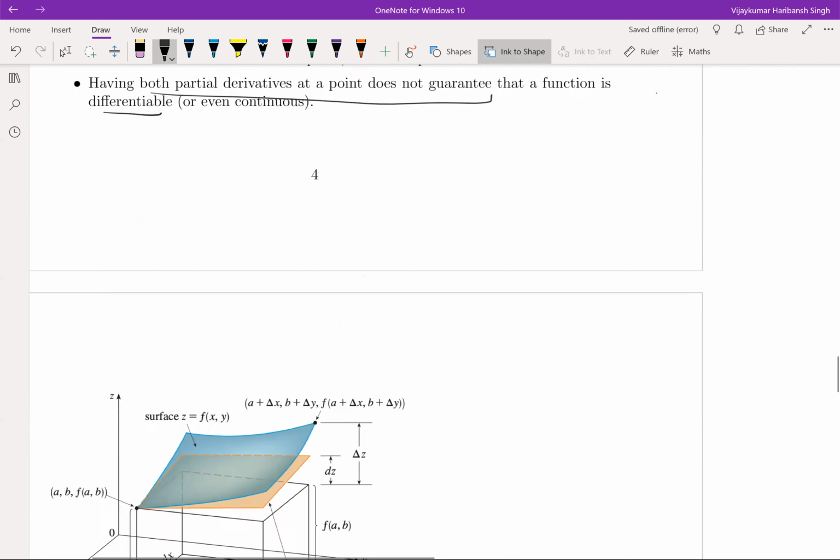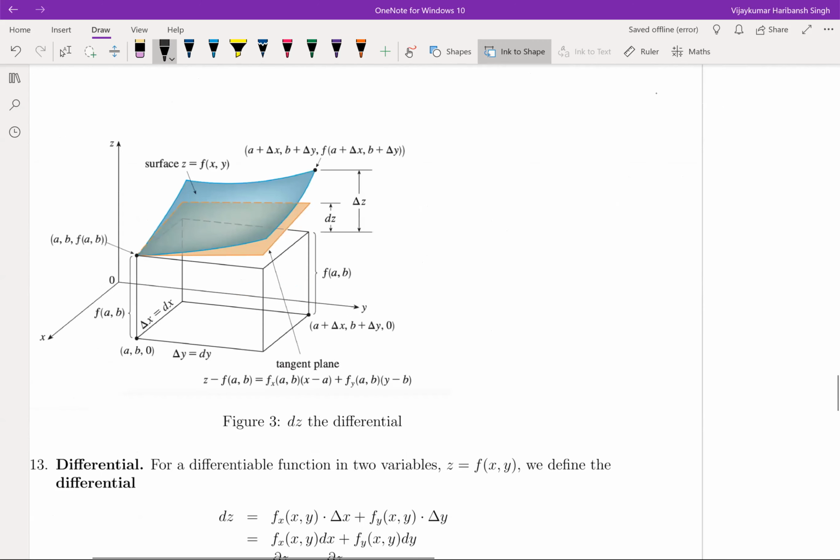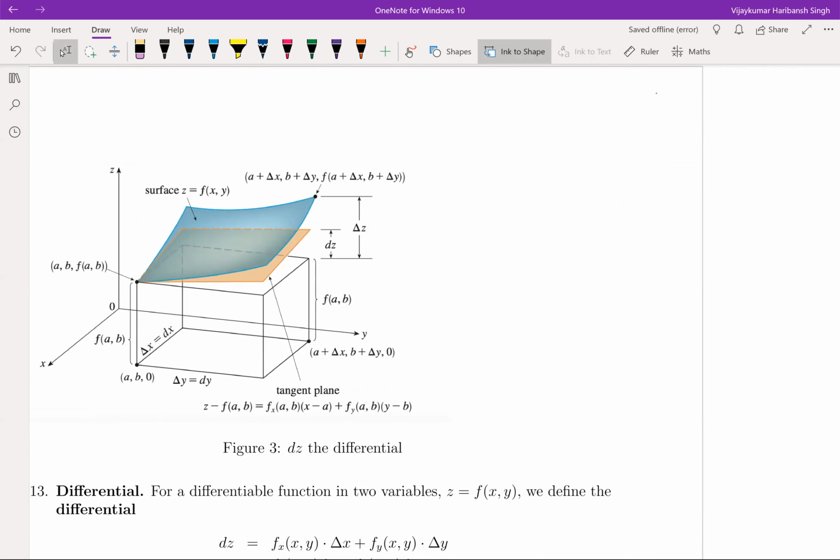Now we want to talk about the concept of differential. Again, recall what your differential was. You had a function of one variable. You have a point A, and you have a tangent line at A. Suppose your argument changed from A to A plus delta x.